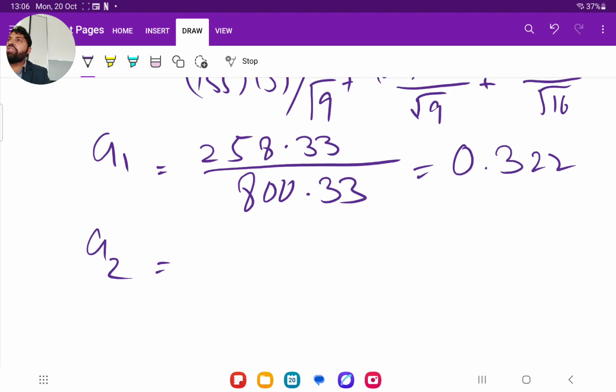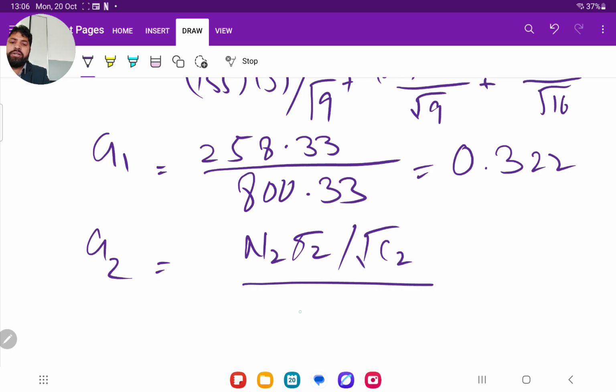So for the next allocation, A2, the denominator will remain the same. Okay, so A2 should be N2 sigma 2 divided by square root of C2, and the denominator will remain the same.